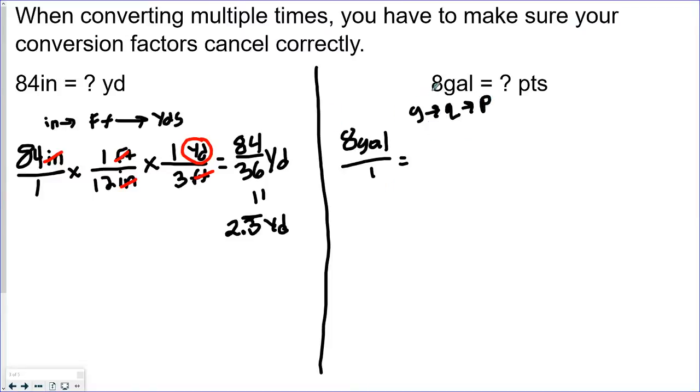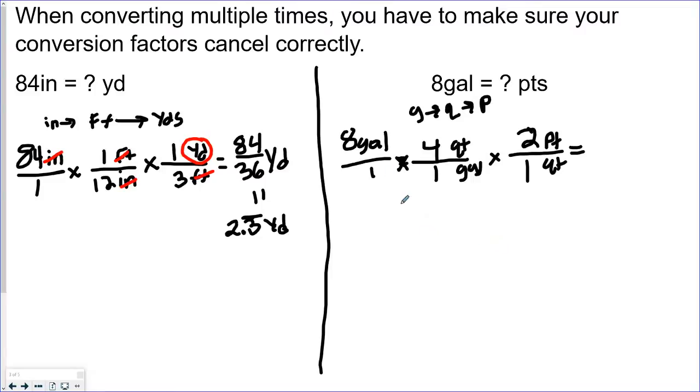That's the conversion. Gallons to quarts to pints. So I want to go to quarts first, and I know that there are 4 quarts in 1 gallon. That should be a times, not an equals. And then I want to go from quarts to pints. So pints is PT. And now note that there are 2 pints in a quart.